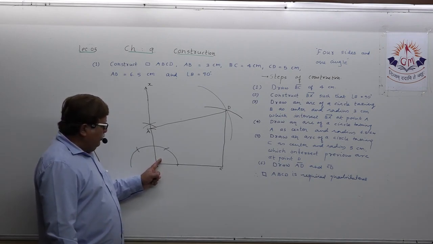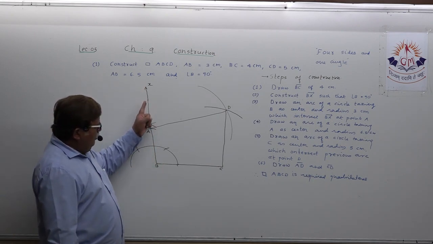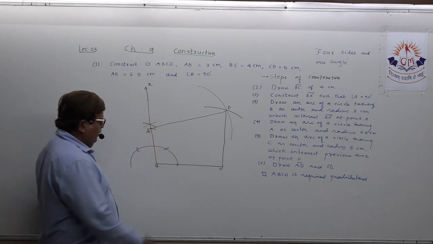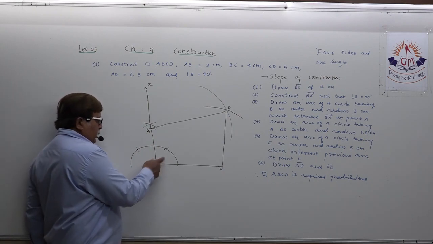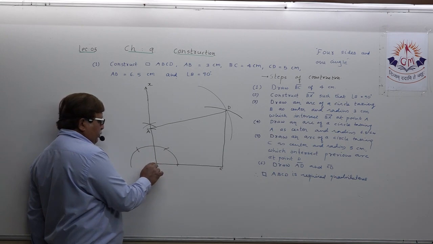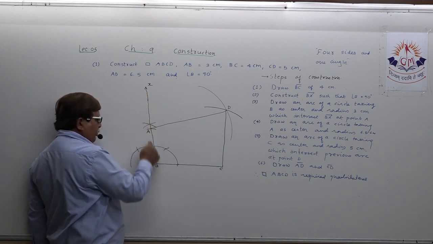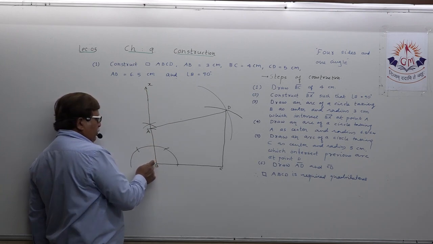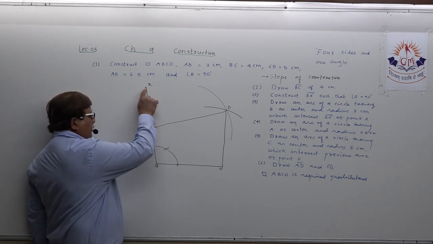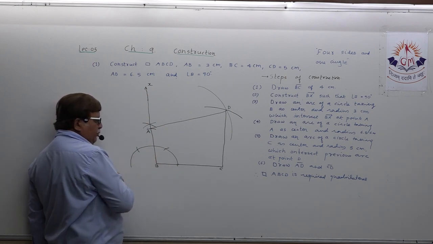Then you constructed here an angle of 90 degree. For your next step, you do not have to write all the steps, you just have to mention which ray you have constructed. So you constructed ray BX so that angle B becomes 90 degree.